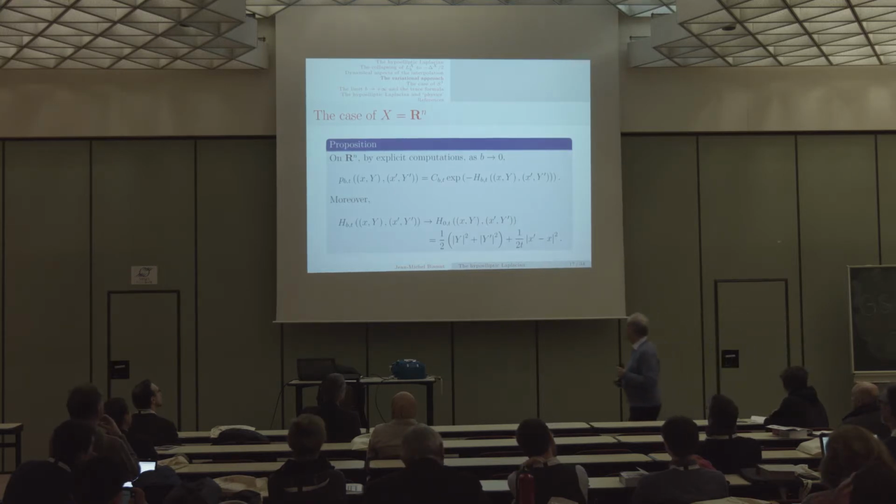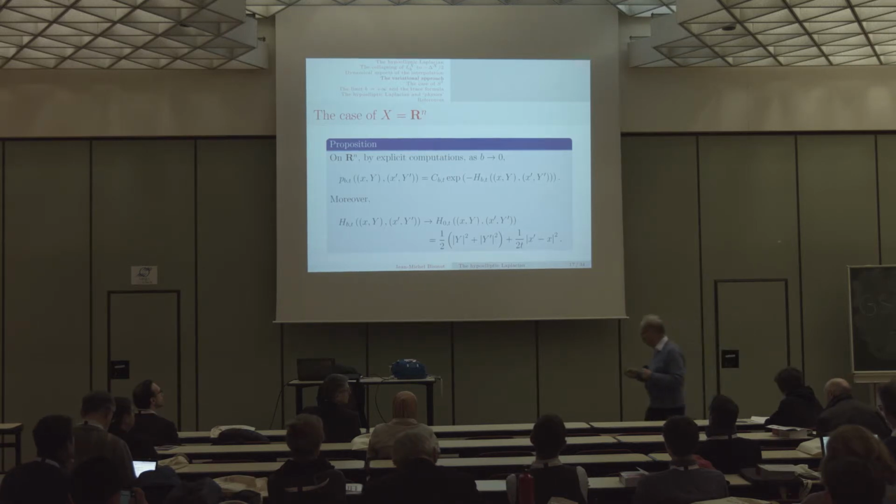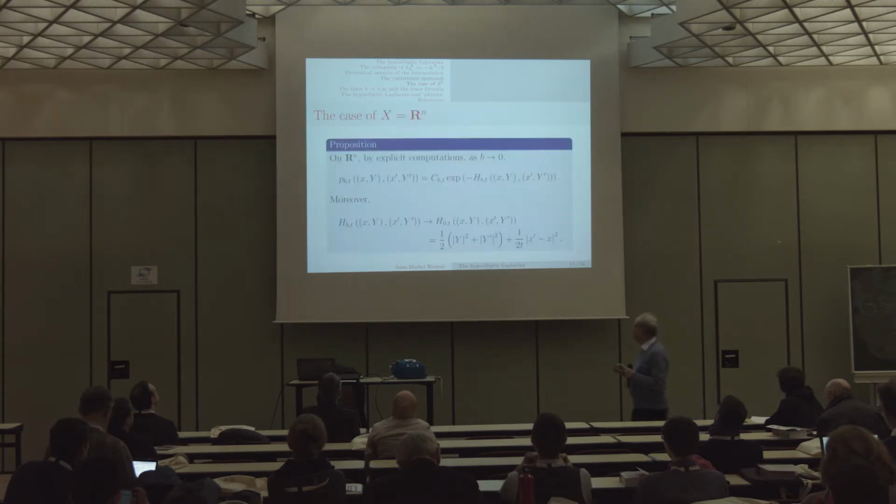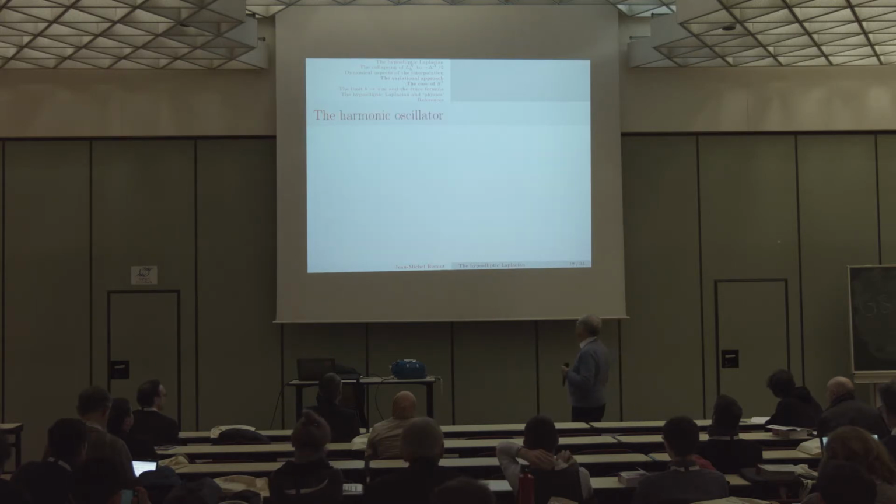This is a phenomenon called gamma convergence that I will not explain. The minima of an action, when the parameter b tends to 0, do not converge to the minimum of the limit. There is an extra term. And of course, this is perfectly compatible with what I mentioned before, that when b tends to 0, the heat kernel should converge to the classical heat kernel on the base with a correction, which is precisely half of y squared plus y prime squared.